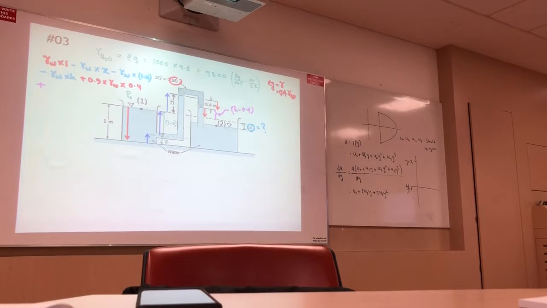So I can write gamma w times h minus 0.4. Right, and finally this value. The last one is equivalent to positive, right? Water times specific gravity 1 delta h is equivalent to 0.